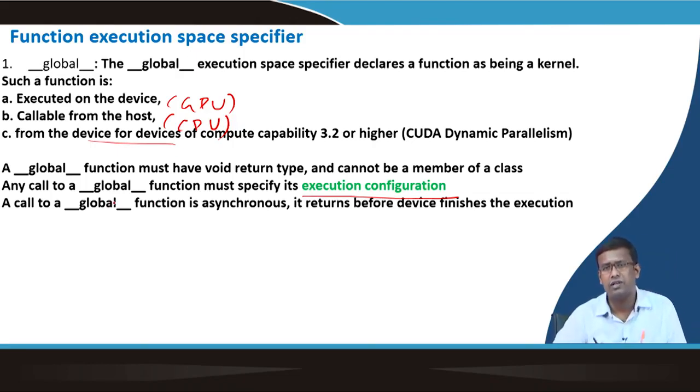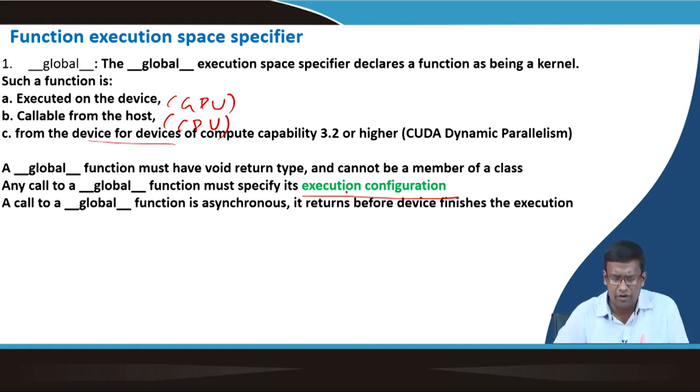So, a global function is a function which will run on a GPU, called from a CPU, or in case of dynamic parallelism called from a GPU and run on a GPU. As the global function will run on a GPU, it will run in a single instruction multiple thread architecture. Therefore, the total number of threads has to be specified, by specifying the number of blocks in the grid, that is grid size, and the number of threads per block, that is block size. So, that has to be specified through the execution configuration when the kernel function is called.